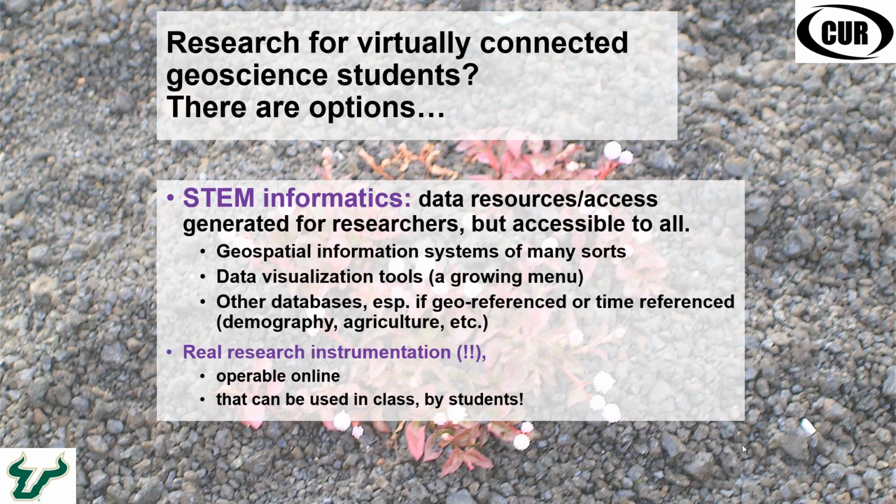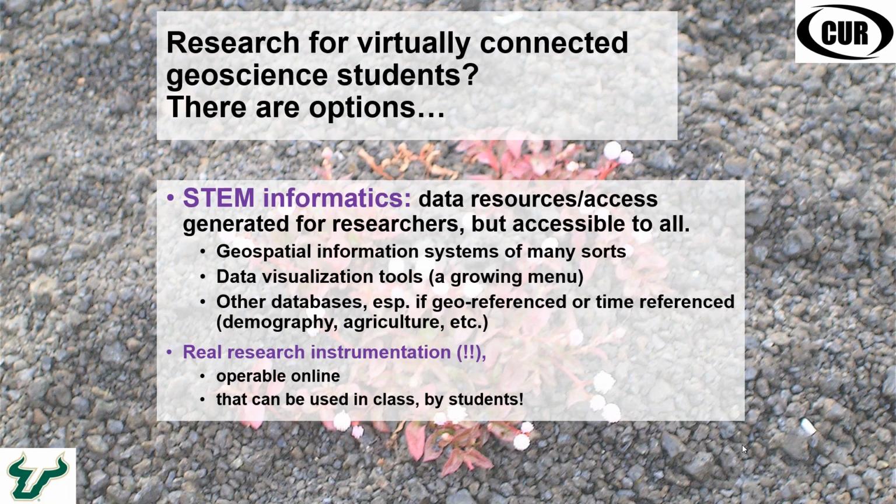They're geospatial information systems of various sorts, some for the Earth, some for other planets. They include a variety, in fact, a growing menu of data visualization tools, and they link seamlessly to other databases that are georeferenced or time referenced. So one can actually compare geology to demography to agriculture to other kinds of things.